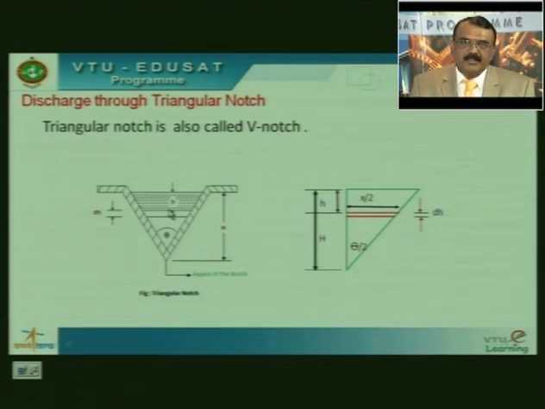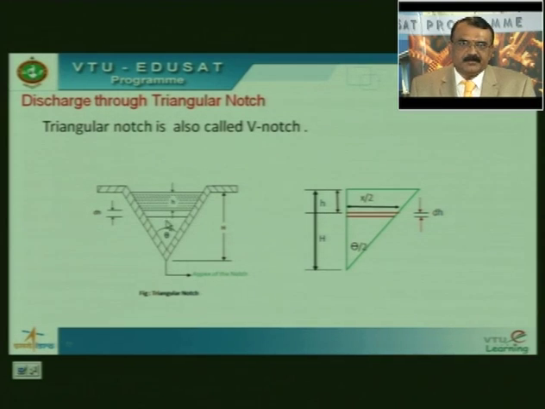In the earlier case of the rectangular notch, the length of the notch is L, therefore naturally the length of the strip is also L. But here, if the length of the strip at this point is x, and another strip here is y, this is not equal to this.